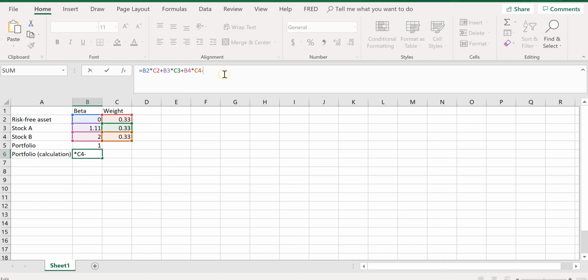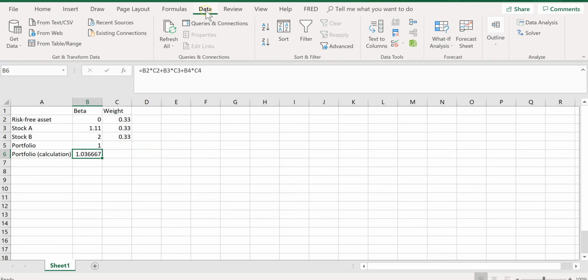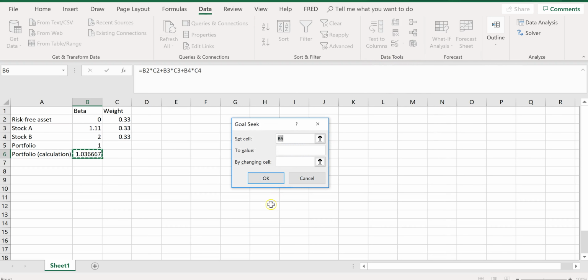So how do we use the goal-seek function? Let me click Data, then What-If Analysis, and click Goal Seek.